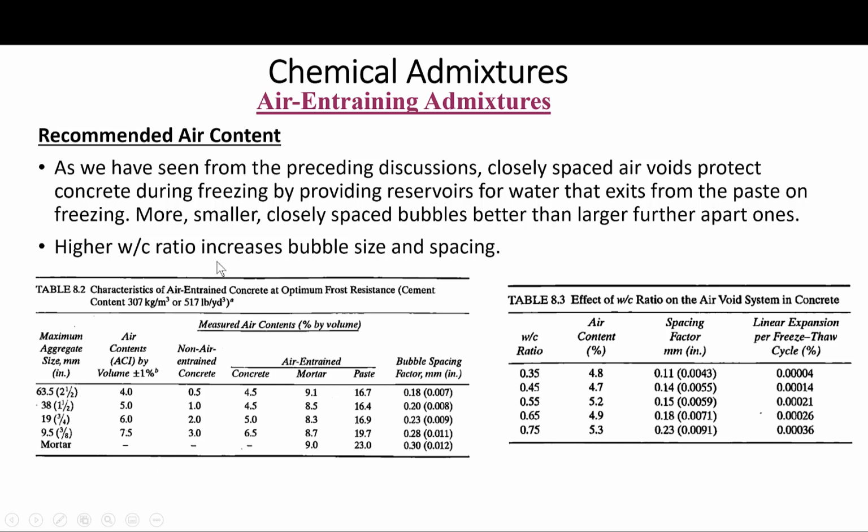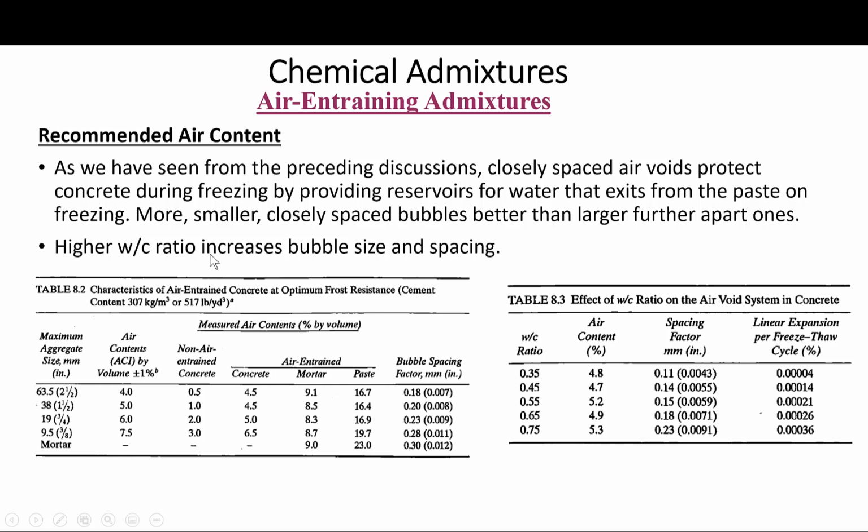So let's just summarize. Closely spaced air voids protect concrete during freezing by providing reservoirs for water that exits from the paste on freezing. More smaller, closely spaced bubbles are better than larger, further apart ones.